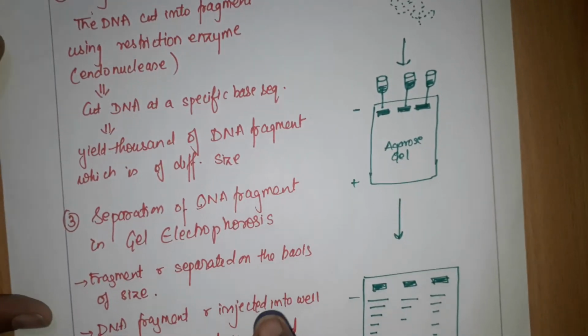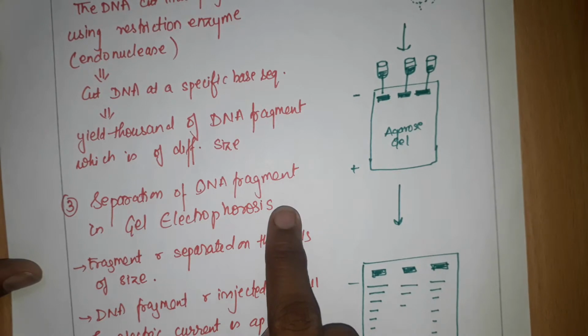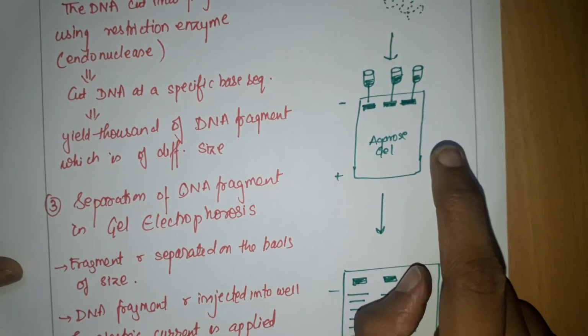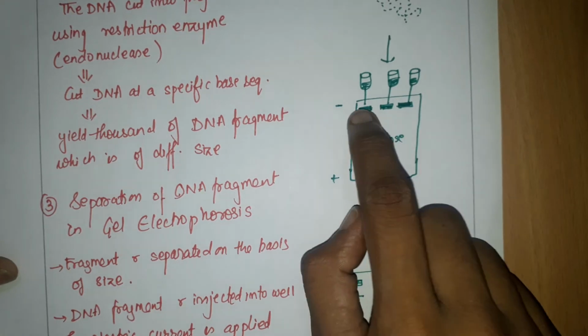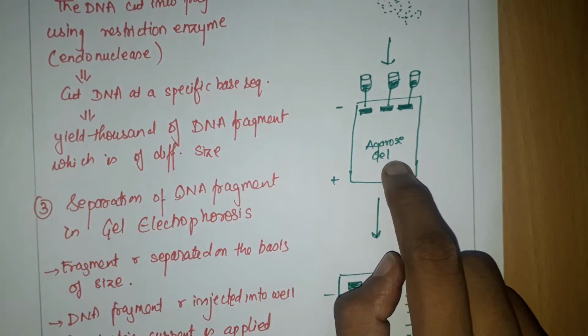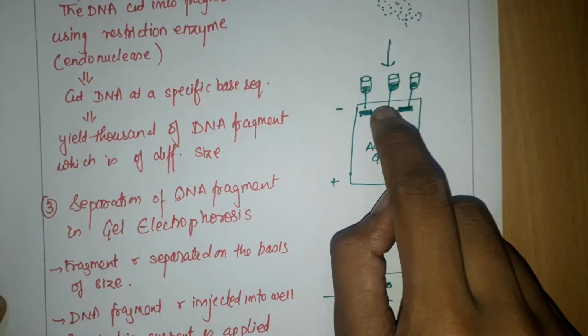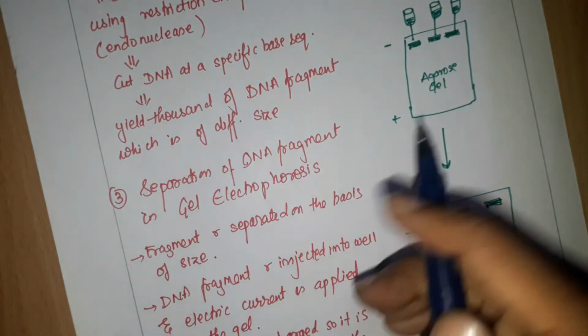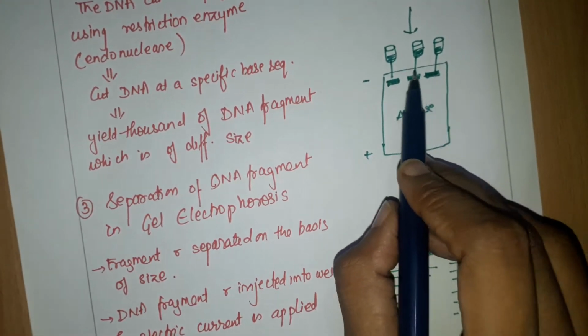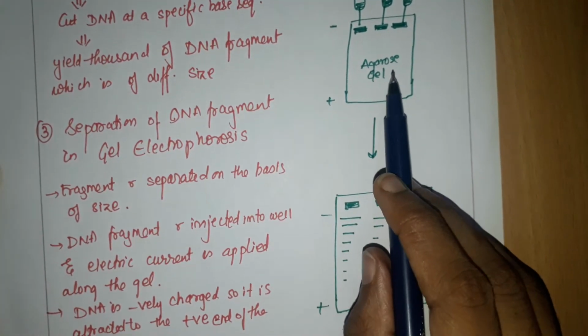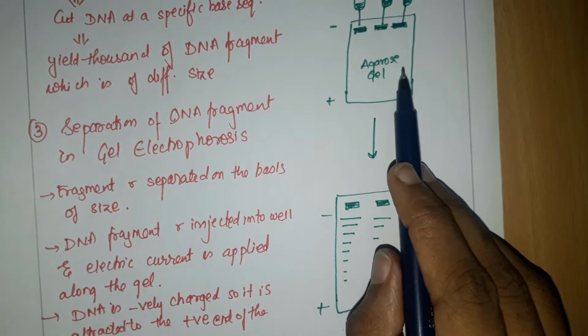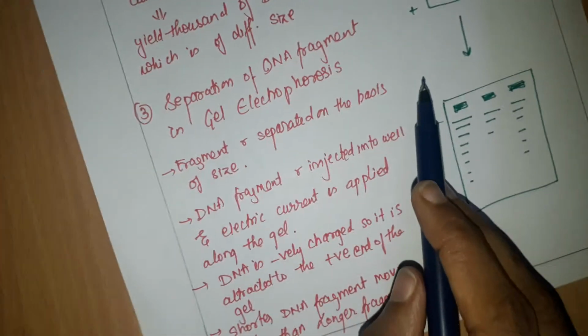After this, we have to separate the DNA fragments in gel electrophoresis. This is a gel electrophoresis apparatus. These are the wells, and in this agarose gel is present. Now we have to inject our DNA fragments into these wells and apply the electric field along the agarose gel.